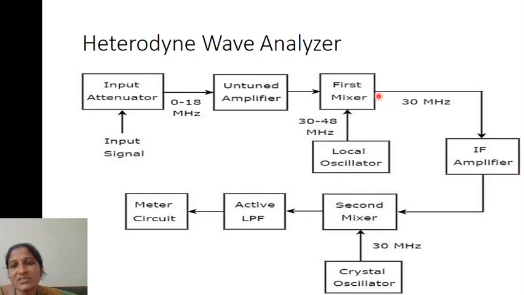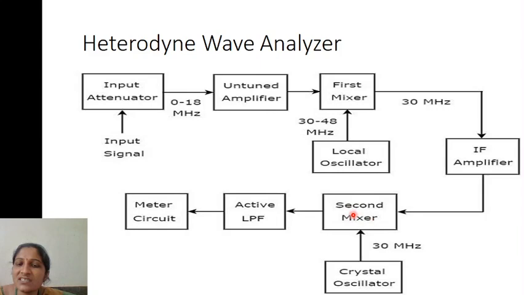If those two are mixed, then you get a difference signal of 48 minus 18, that is a 30 megahertz signal. This 30 megahertz signal is given to the IF amplifier, that is the intermediate frequency amplifier. If that signal is weak, it can be amplified by using the IF amplifier. And the output from the IF amplifier is fed to the second mixer here.